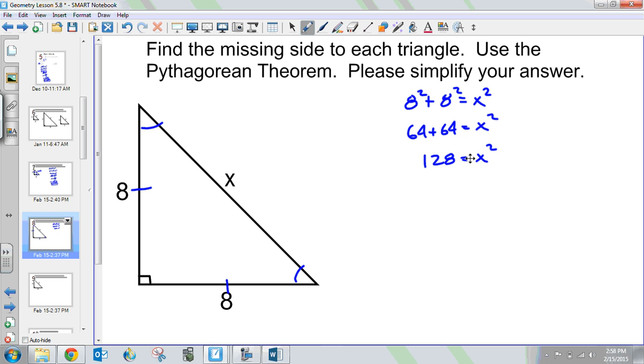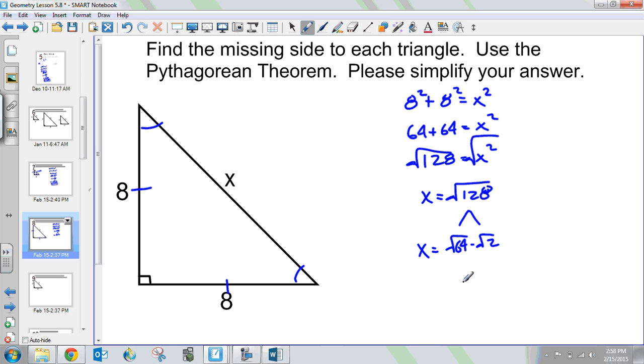So now I have the same thing. I'm going to solve for x and take the square root of both sides. I get x is equal to the square root of 128. Now, this is an exact answer, but I can simplify this. I can split this up into x equals the square root of 64 times the square root of 2.